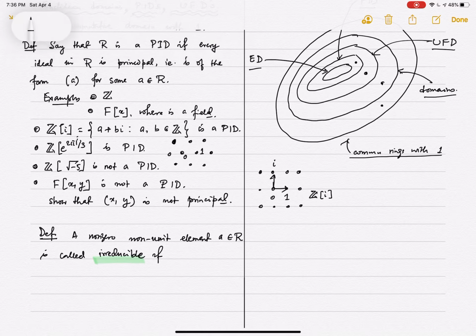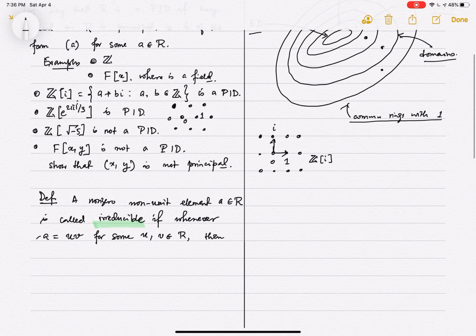Meaning what? Meaning whenever you try to factorize it, you write it as a product of two things, u and v in R, then one of these has to be actually a unit.